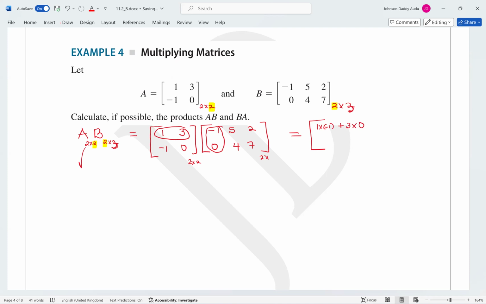Then you take the same row and multiply it with the second column. So this will be 1 times 5 plus 3 times 4. Then finally, you take this and multiply again with the third column. So this will give us 1 times 2 plus 3 times 7.